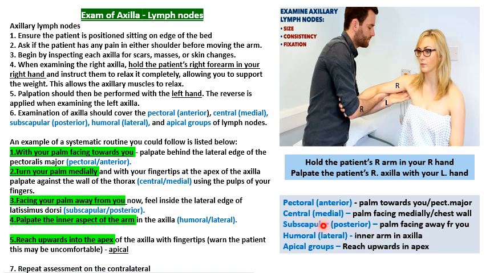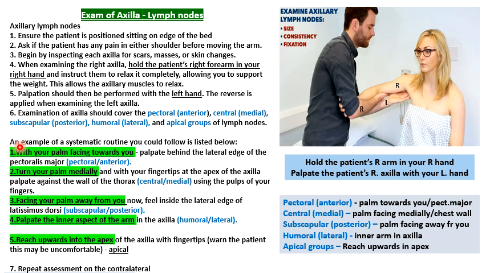The subscapular or posterior group of lymph nodes, palm facing away from you. That means you are feeling for the subscapular area there. Okay, that is posterior. And the humeral is the lateral group of lymph nodes, which are present in the inner arm within the axilla. That's a lateral part here. And the apical group, you reach upwards in the apex of the axilla.